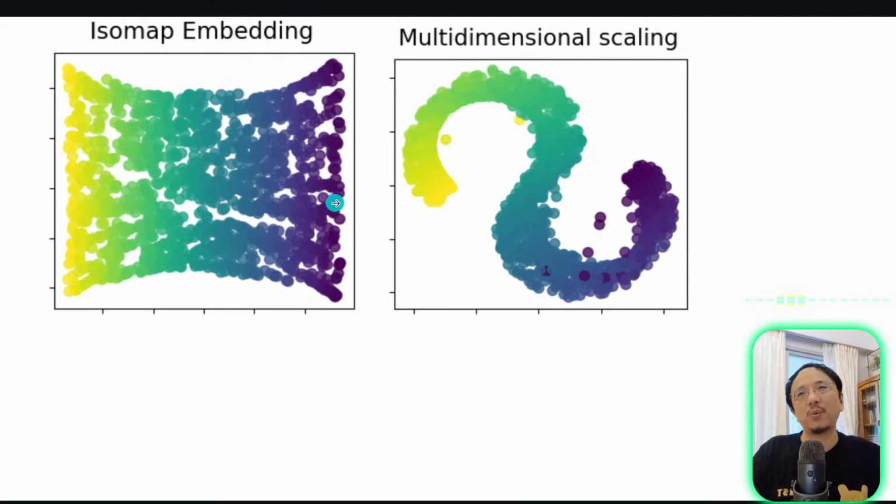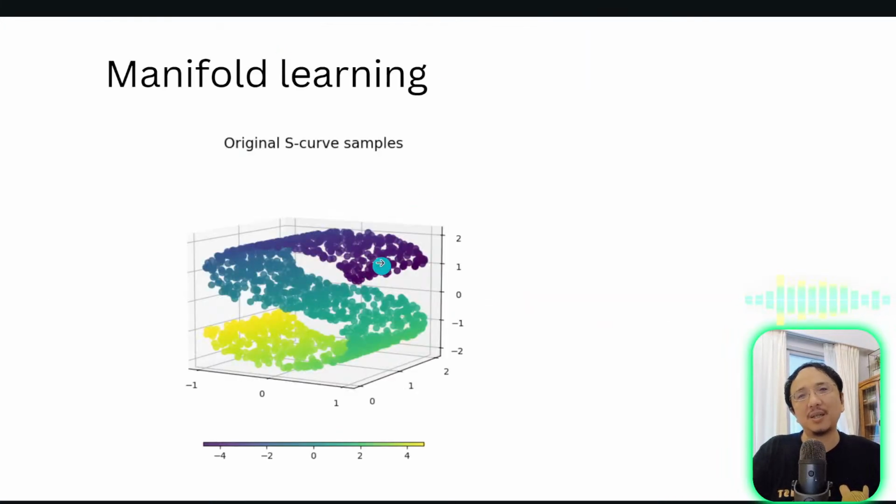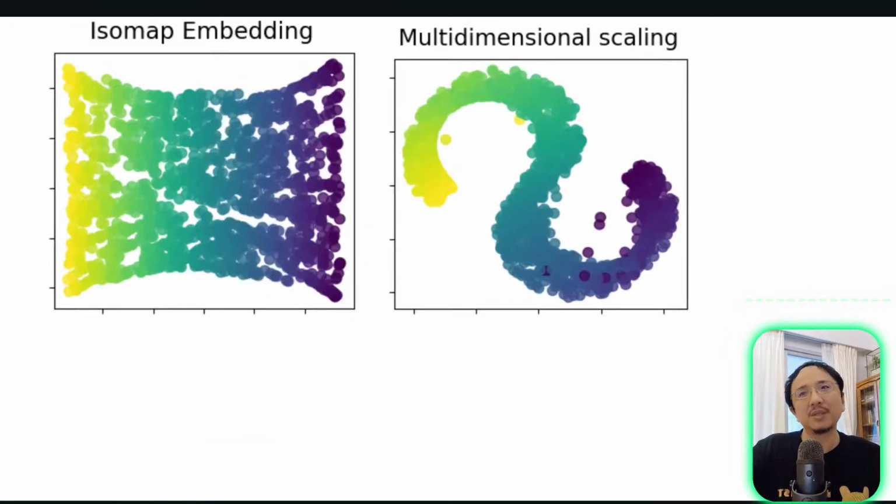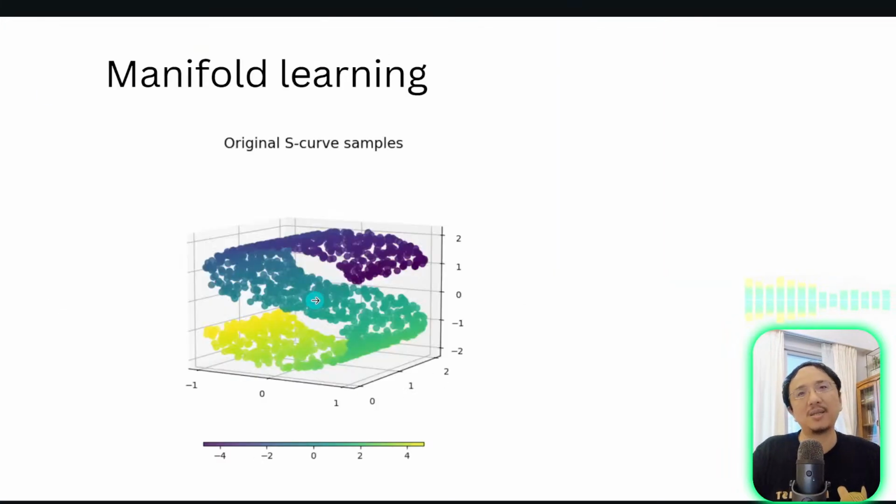Here are some of them. One is the Isomap embedding. It makes it preserve the distance between every point and its nearest neighbors. So this is Isomap embedding. This one works quite well for this example.